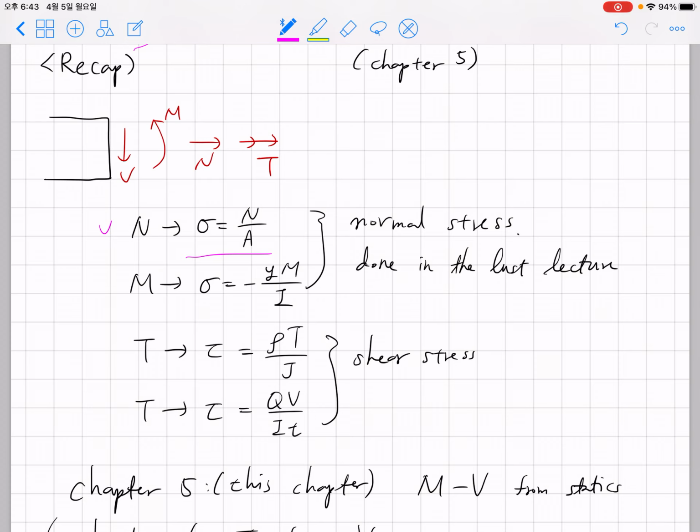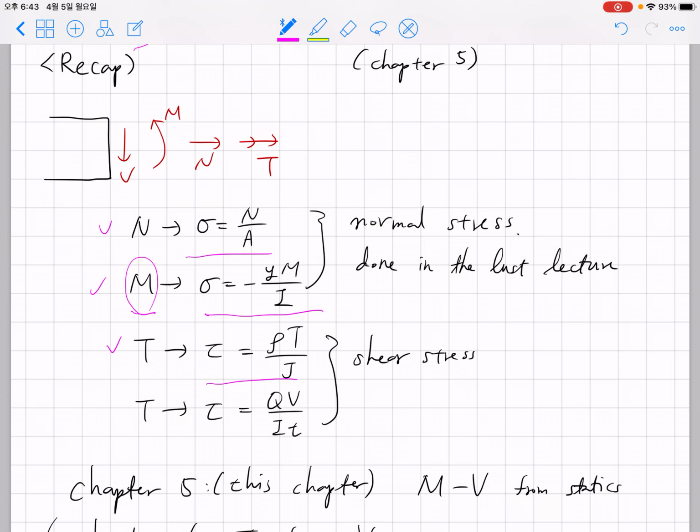In the chapter following normal loading, we discussed torsional loading and shear stress originating from the torsional torque. And then in the last chapter, when we started discussing pure bending, we discussed moment and the normal stress distribution out of the moment.